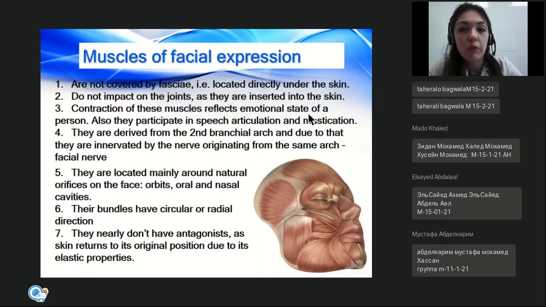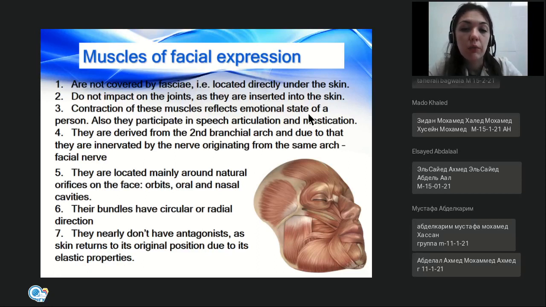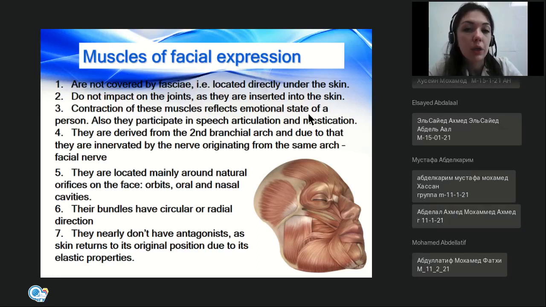All the muscles of facial expression are derived from the second branchial arch, and due to that, they are innervated by the nerve originating from the same arch, the facial nerve. About nerves we'll study next year when you are second year students. Mainly, muscles of facial expression are located around natural orifices of the face, natural openings of the face.